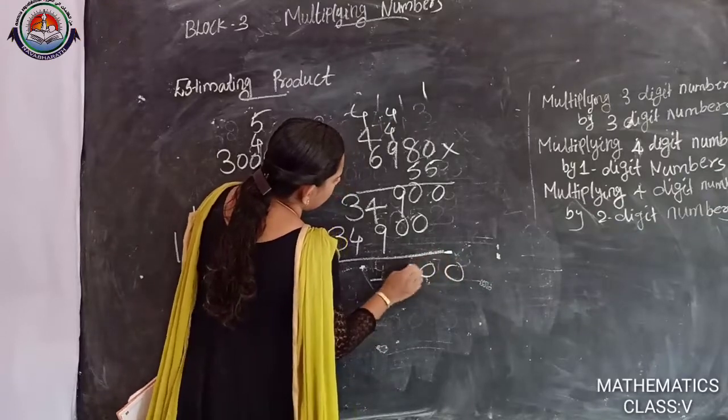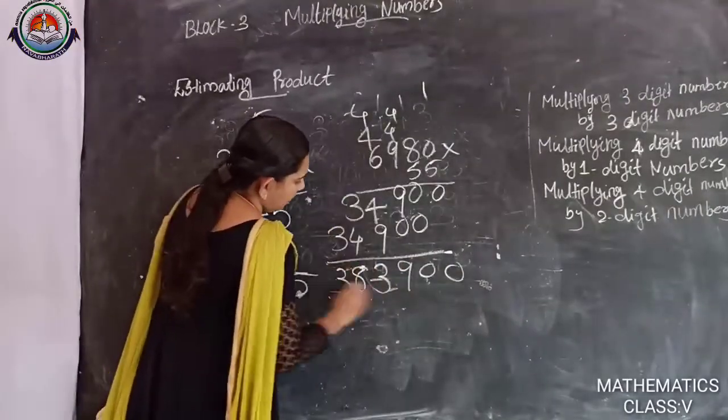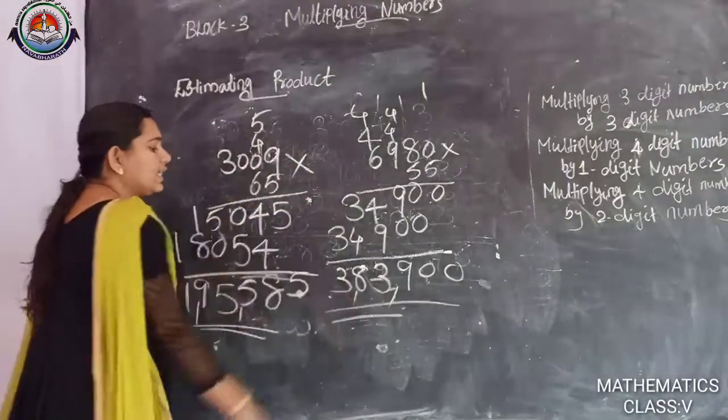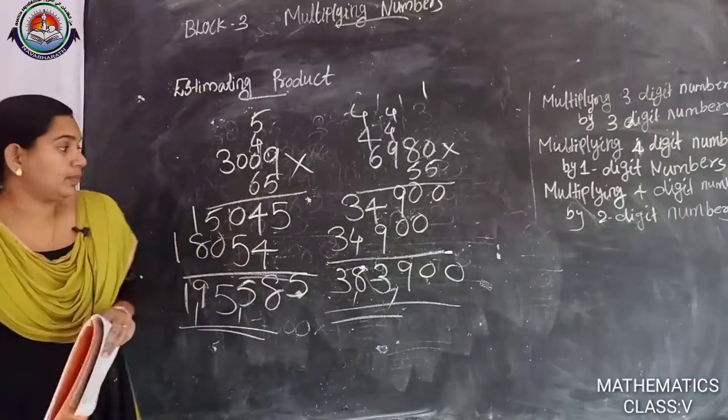Then the next row: 0, 0, 9, 30, 8, 3. 3,83,900. Okay.